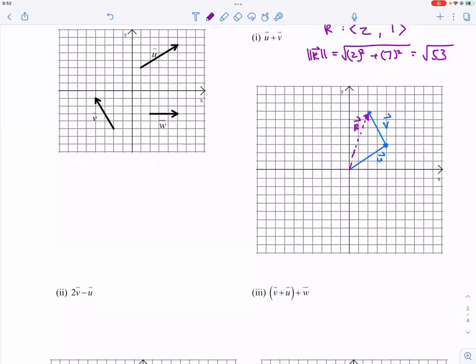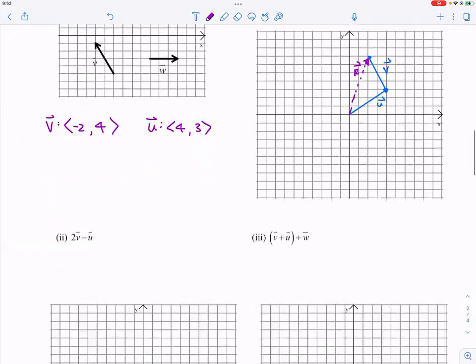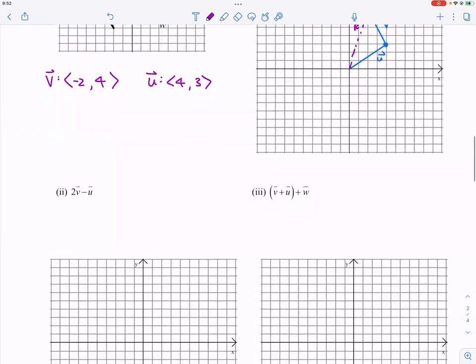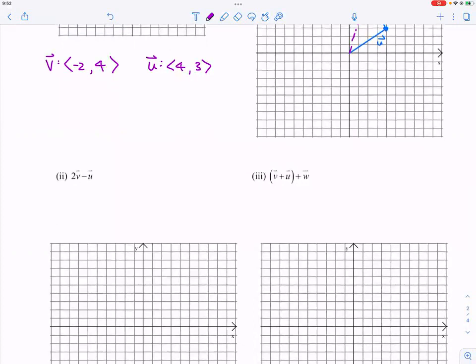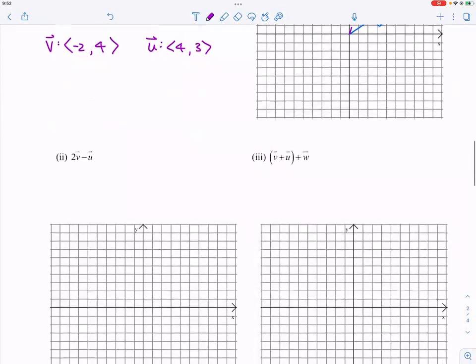Okay, so we have 2v minus u. Now, what I can do here is write out the direction vector for v, which is minus 2 comma 4. And then u vector, it's 4 comma 3. I think that would help me out here. So 2v means you have to multiply those vectors by 2.